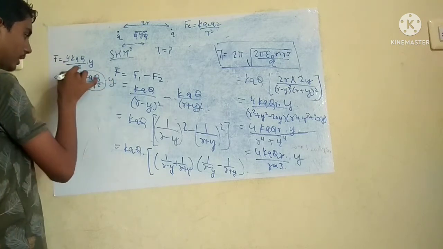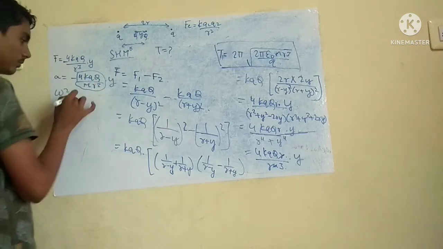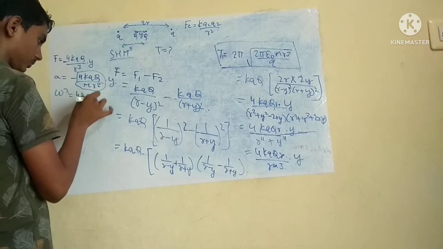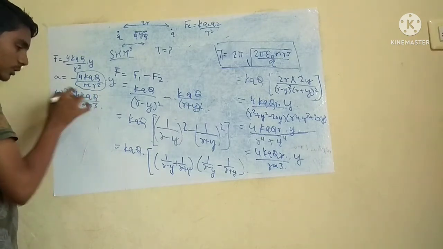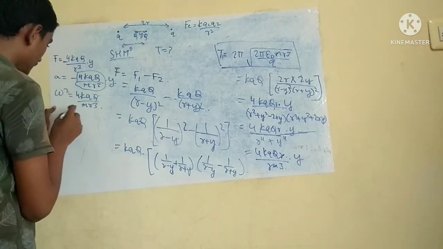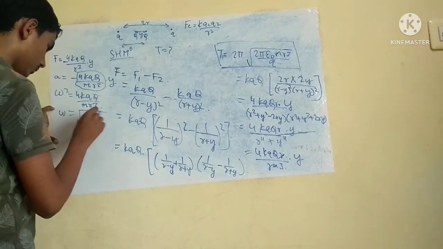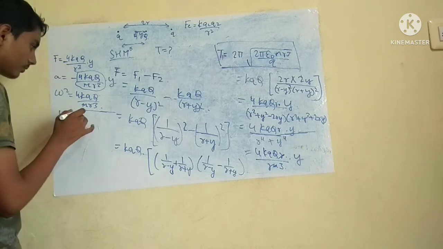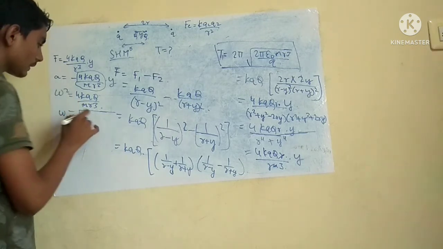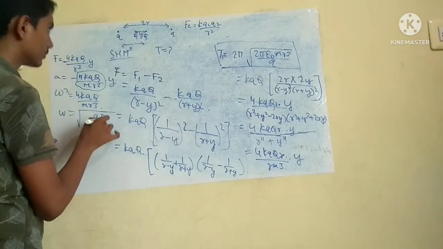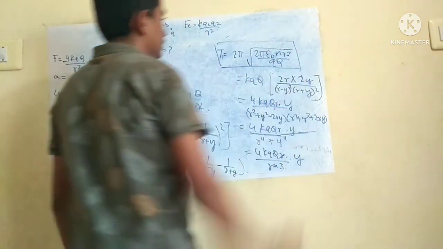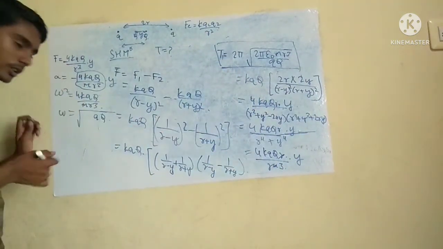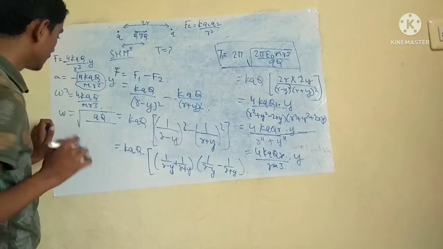This is equal to omega square. If you equate this to 1 by 4 pi epsilon naught, then you will get omega like this. Another cube will be there. It will be missing there. Okay.